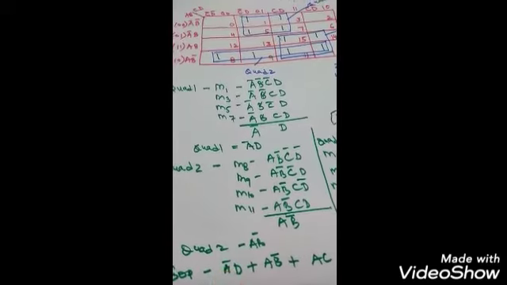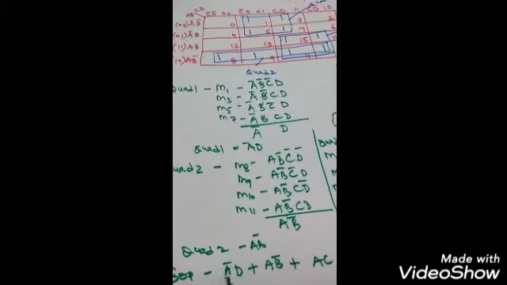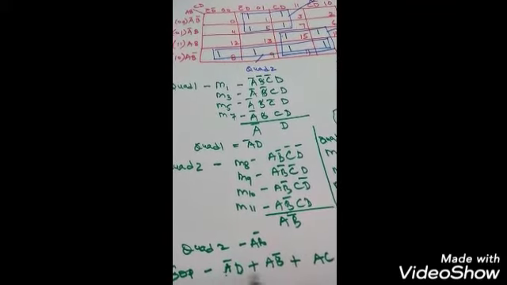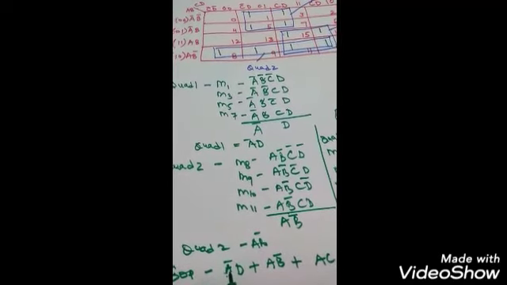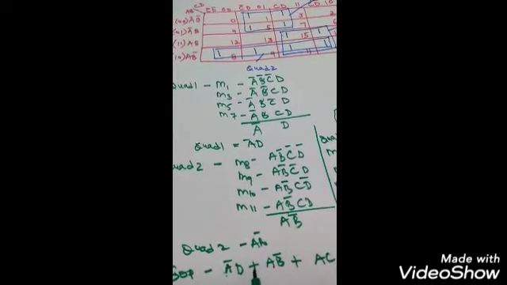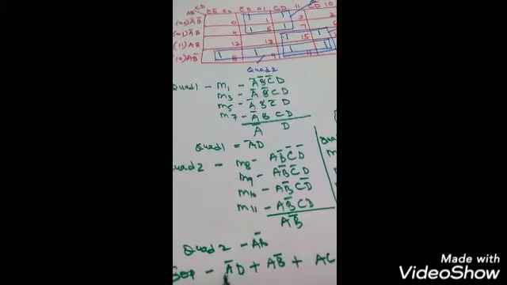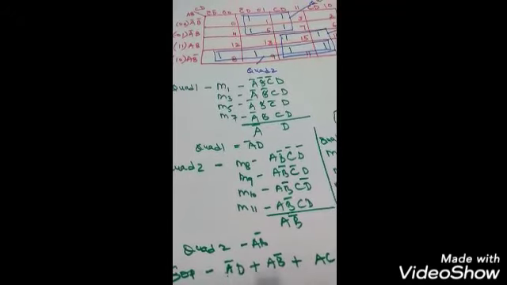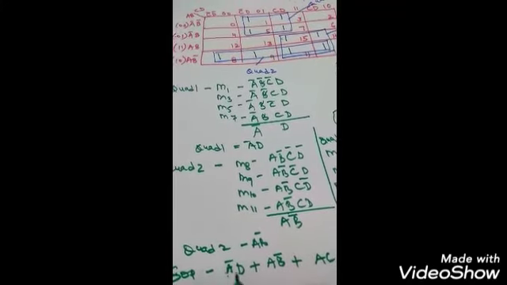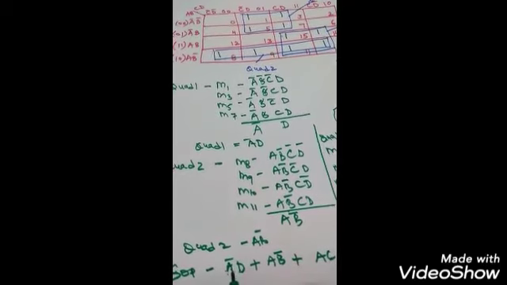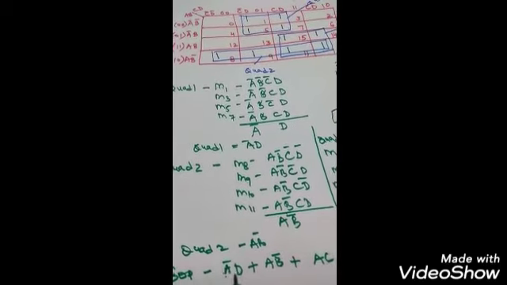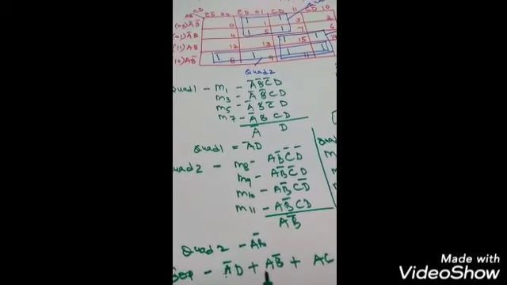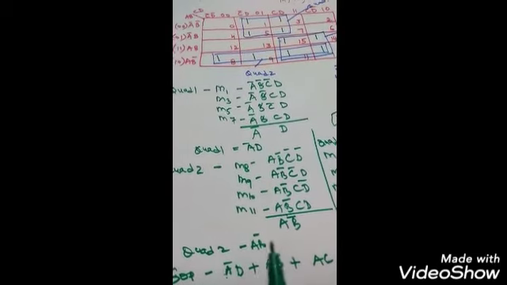Among themselves these are products, these are minterms in multiplication, and they are added: first minterm, second minterm, and third minterm. These are adding, so this is known as sum of products. This is the reduced simplified expression for the given SOP form.